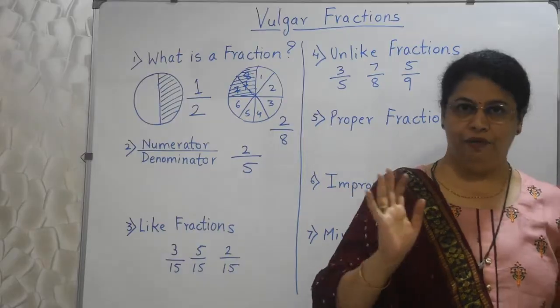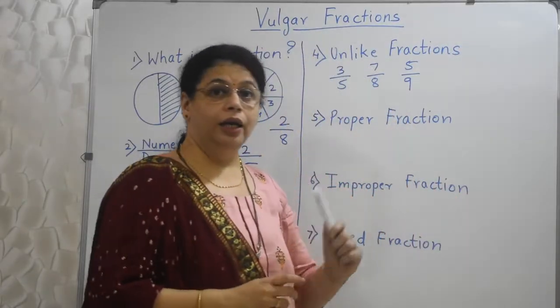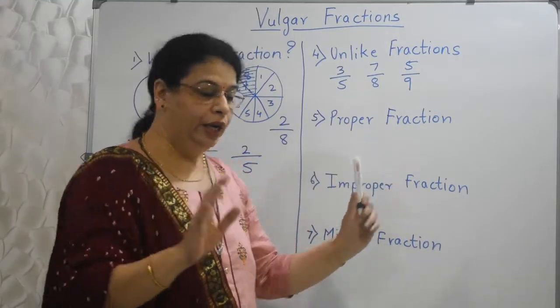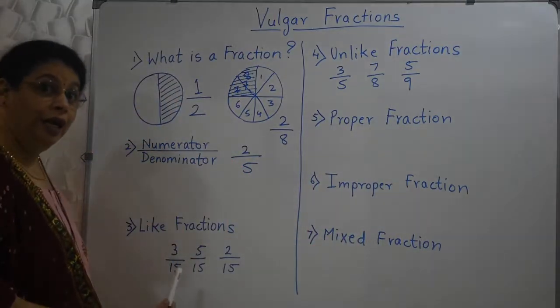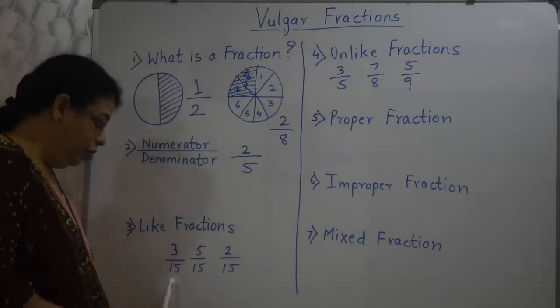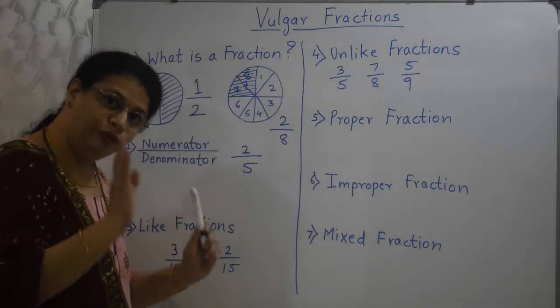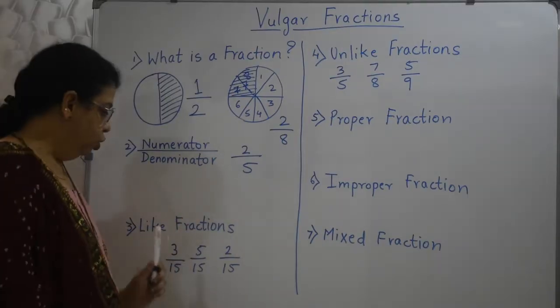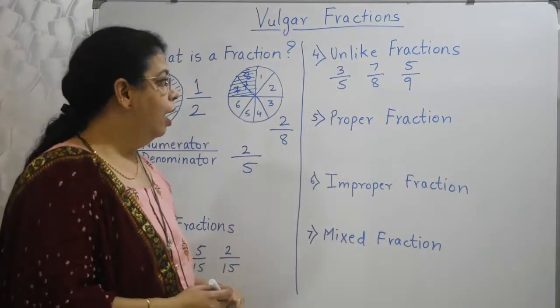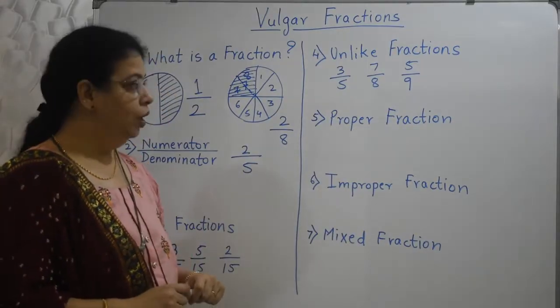Even numerators are different. So they are called as unlike fractions. Their denominators are different, unlike this rather. Okay, in these fractions, denominator is 15. All are 15. So they are called as like fractions, and this kind of fractions are called as unlike fractions.